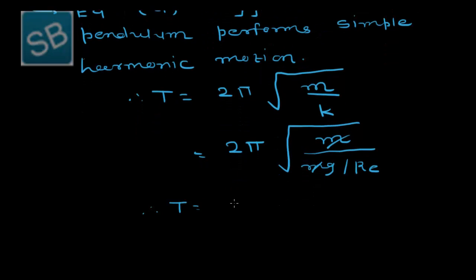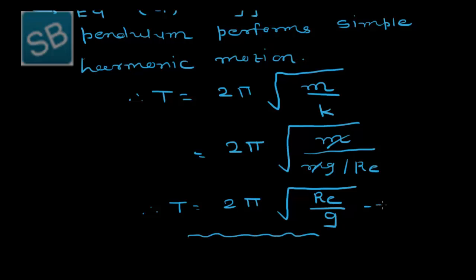Therefore, time period T is equal to twice pi under root, this denominator of denominator will come into numerator, so it is Re over g. So T is equal to twice pi under root Re upon g. And this is the equation we had to determine. Now the same type of illustration is illustration number 12. We are going to solve that.